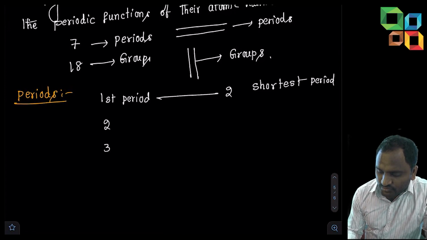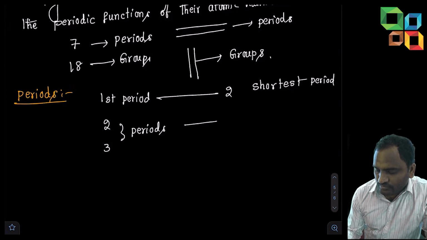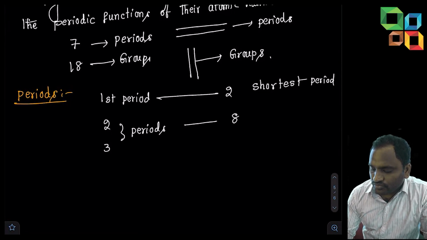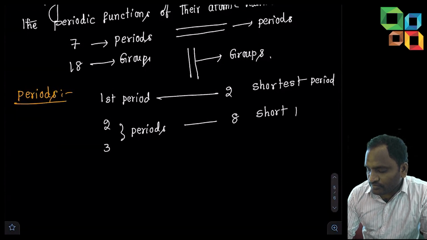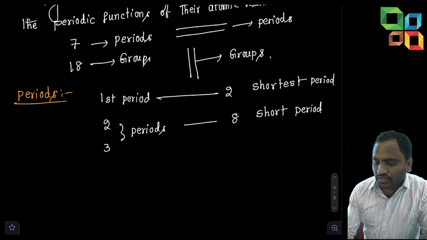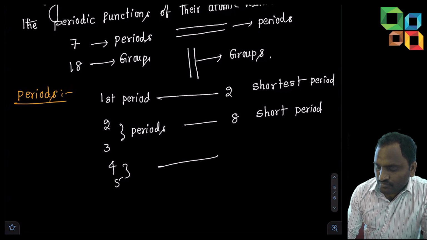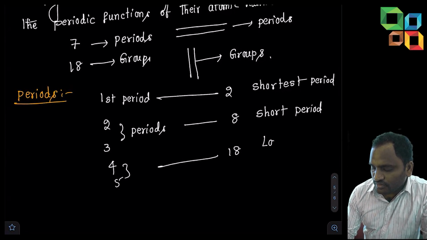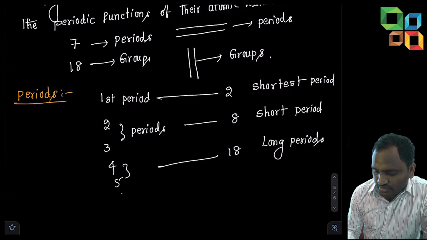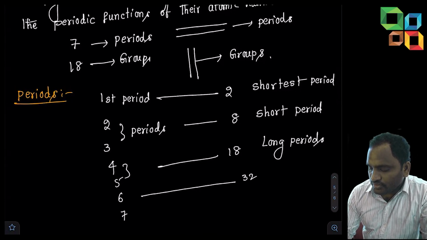Second and third periods have 8 elements, so they are short periods. Next, fourth and fifth have 18 elements, so they are called long periods. Sixth has 32 elements, so it is called the longest period.